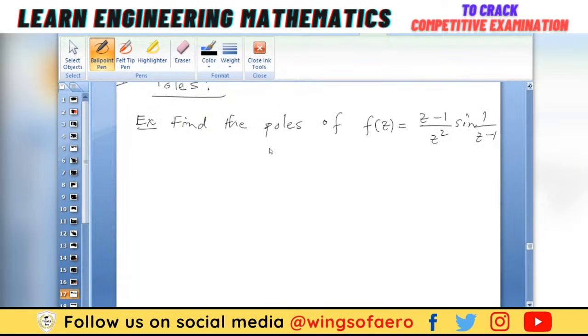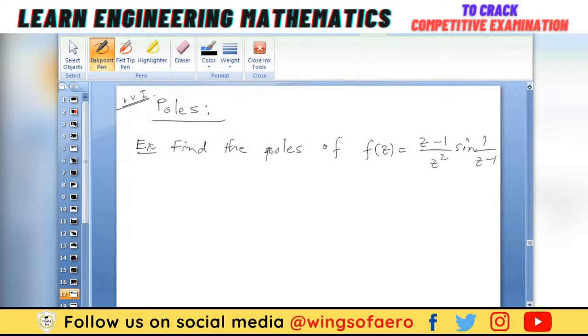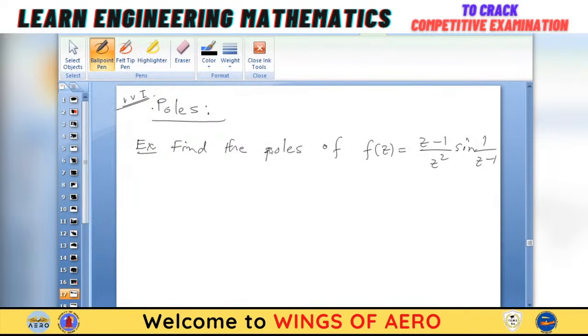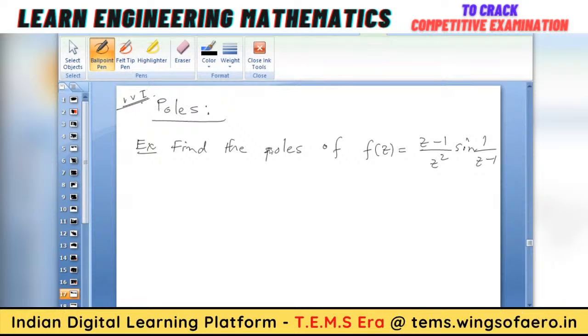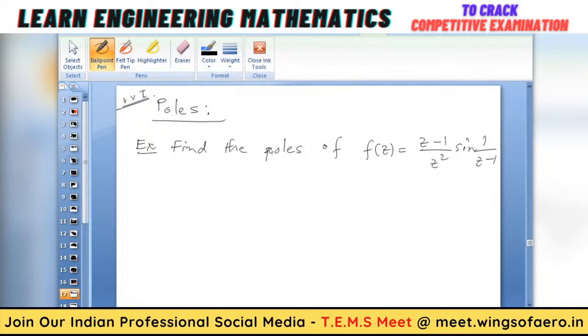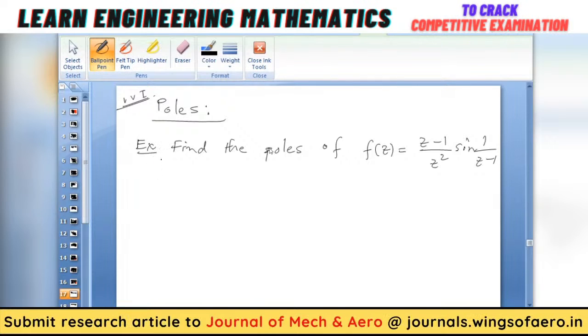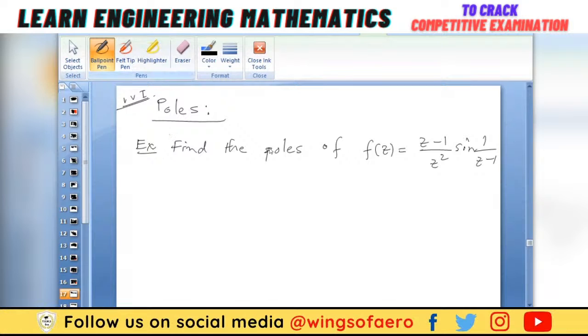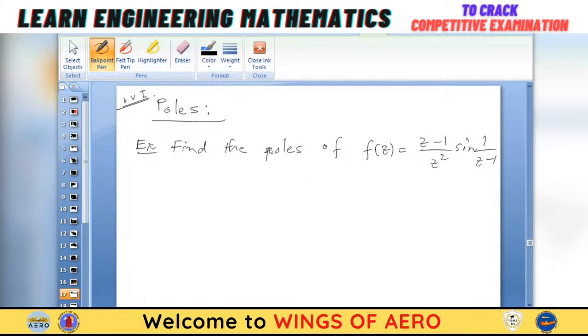Next, poles. Now, whatever the important equations, that is a very important thing. I have found the maximum number of questions are from these poles and complex integration. If you want to try the complex integration, you have to find out poles and you have to find out the residue. Okay, everything covered for the complex integration.